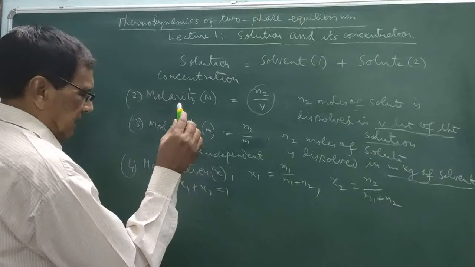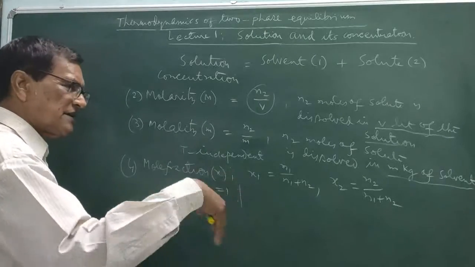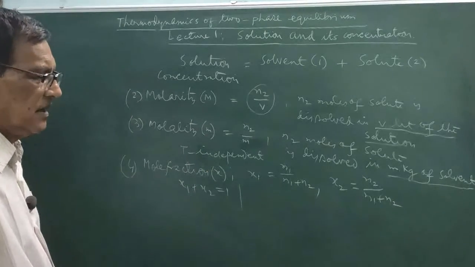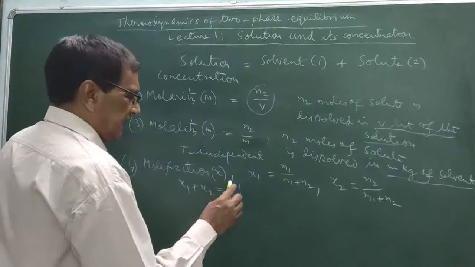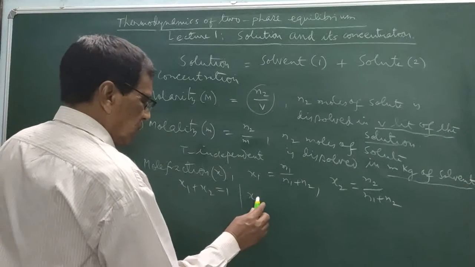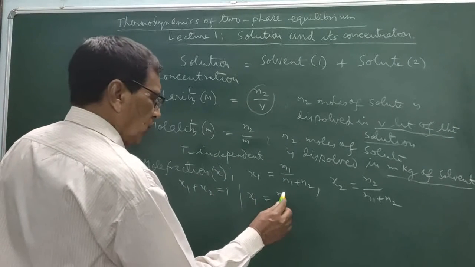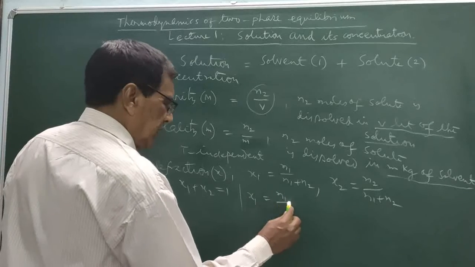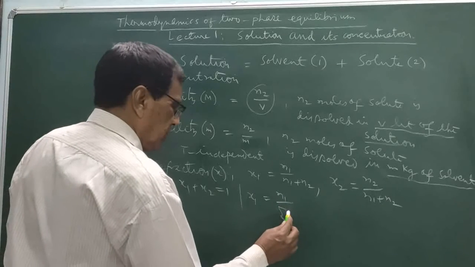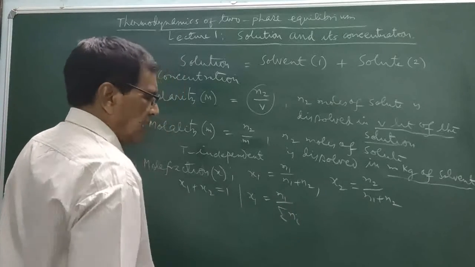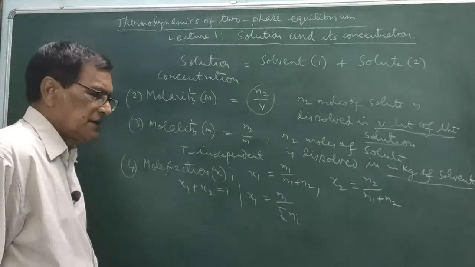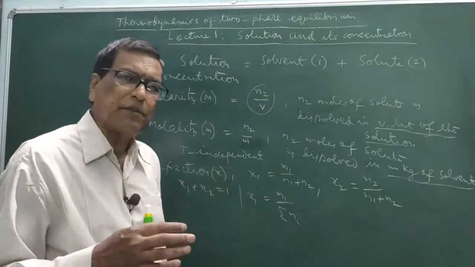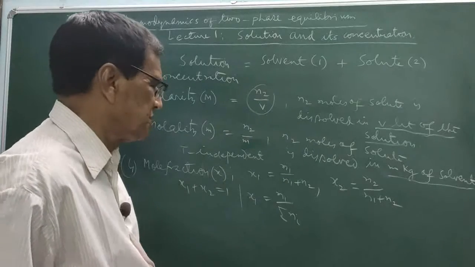Whenever several substances form a solution, in that case x1 is equal to N1 divided by the summation of Ni, ranging from 1 to 3 depending on the number of substances present in the solution.